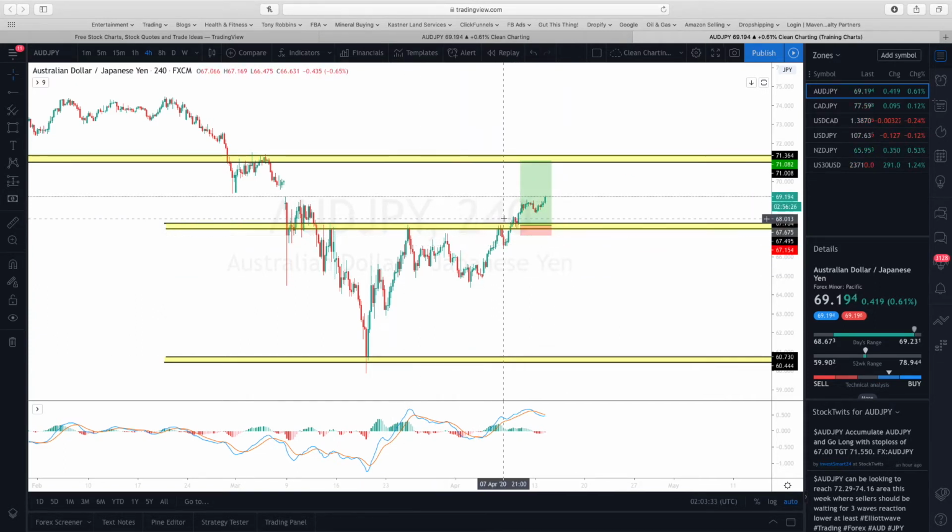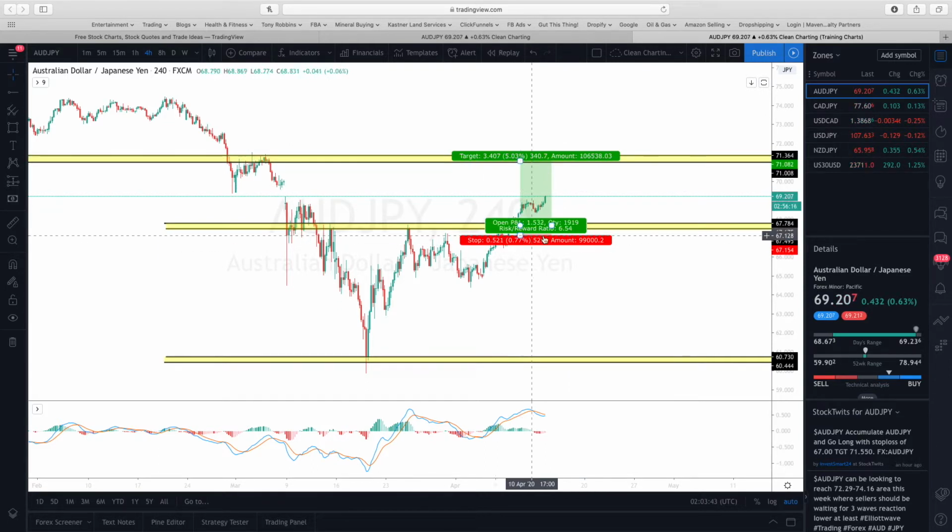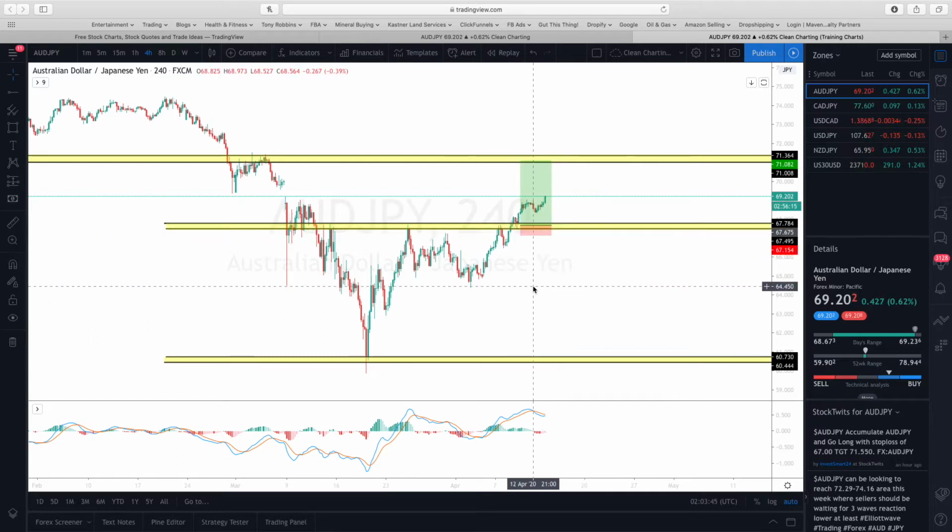And I would look for price, as we pulled out of here, to move up into this zone next. So I would look for that to be my take profit, and in this scenario, it would be a 6-to-1 risk to reward.